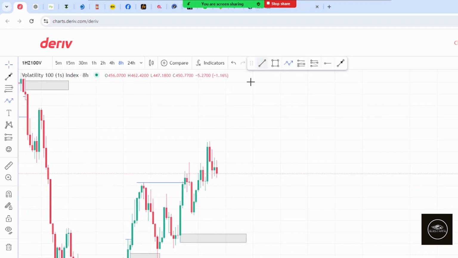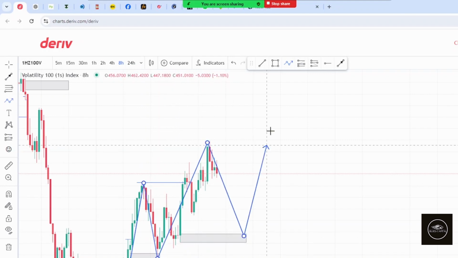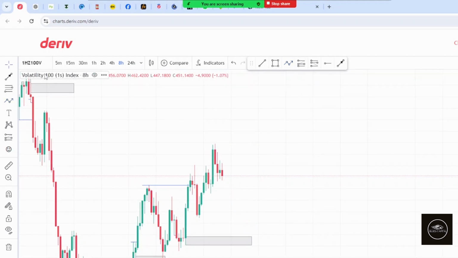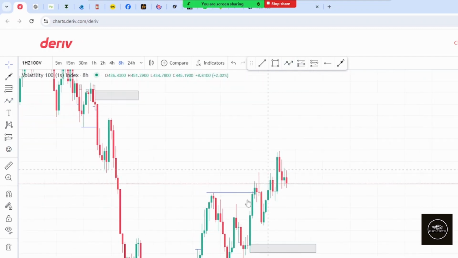Remember, markets cannot just start moving to the upside straight. Market needs to create a high, a retracement, a high. Then we anticipate a retracement before continuation to the upside. So this is what I'm anticipating on this 100 1x. So how do I get this zone?